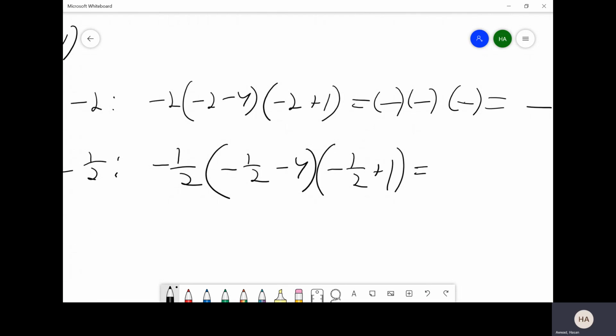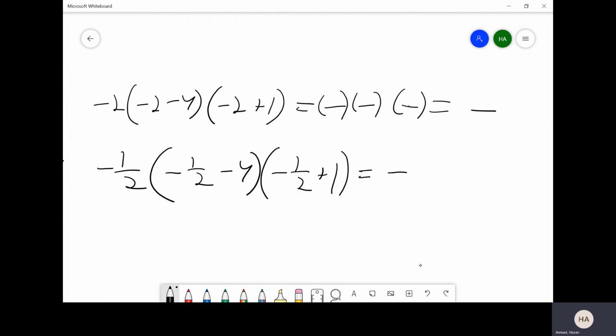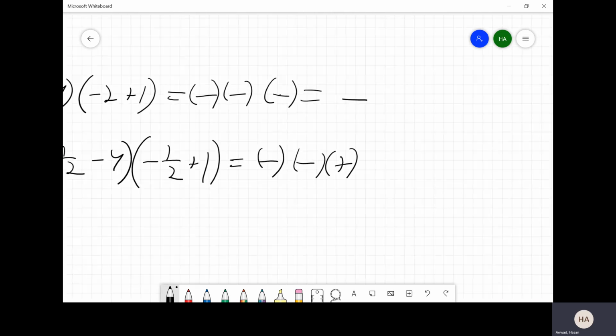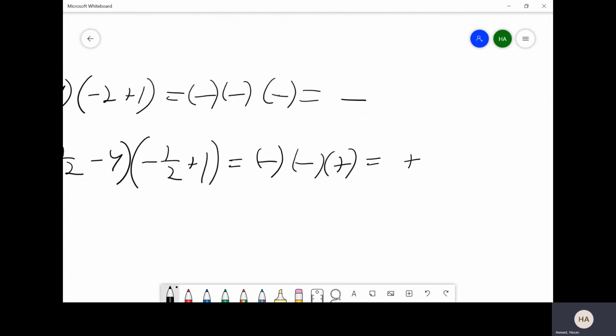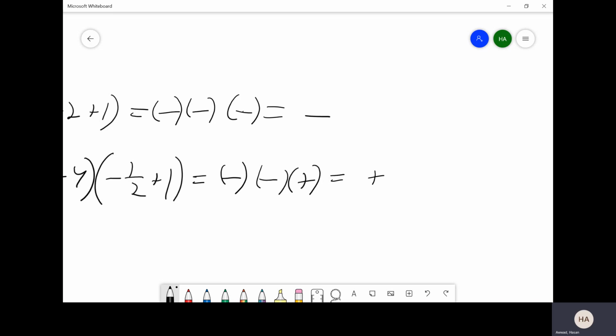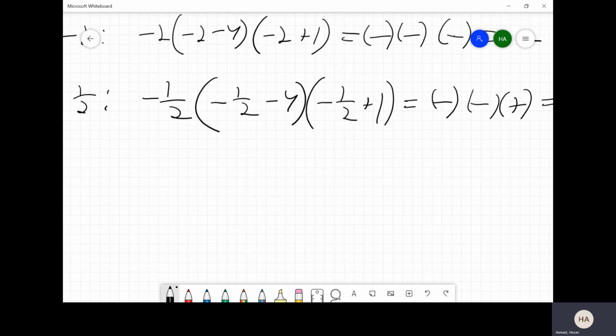So we know we're going to have a negative on the outside. We know that we're going to have negative minus a negative, so that's going to be another negative. But -1/2 plus 1 gives us a positive value. So 2 negatives cancel out times a positive. That gives us a positive. And a positive is indicative of increasing. So we can start writing these increasing, decreasing for the negative value.